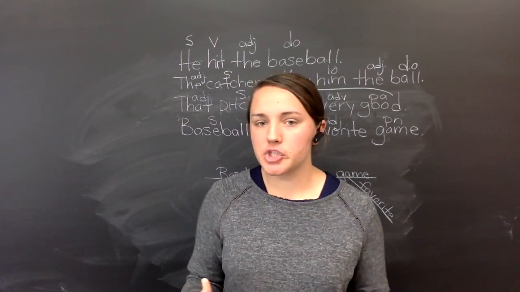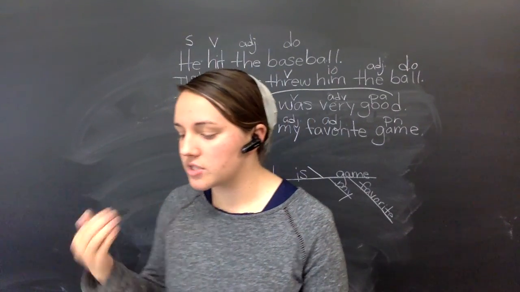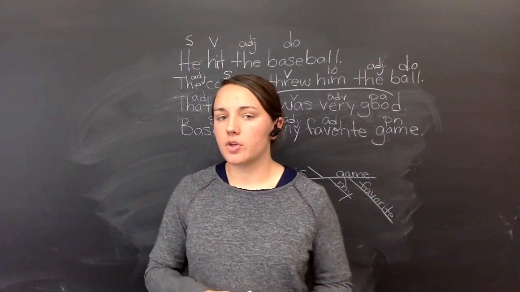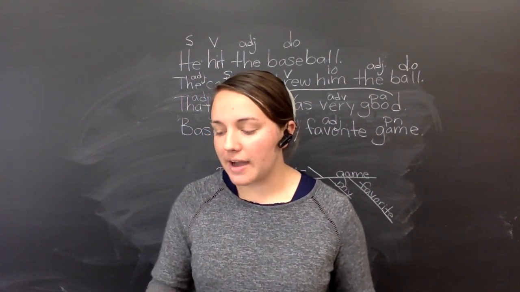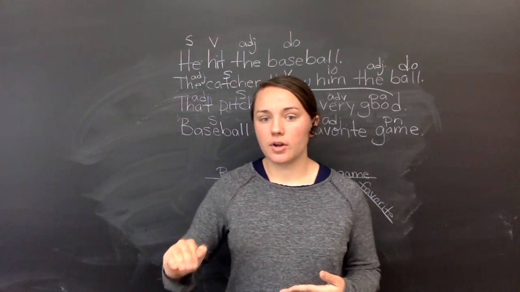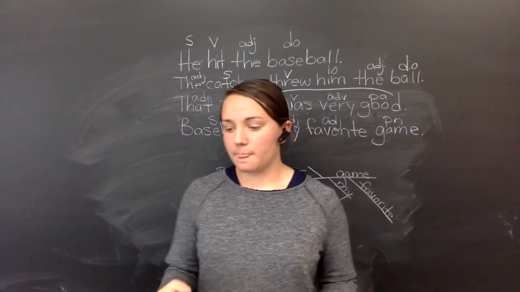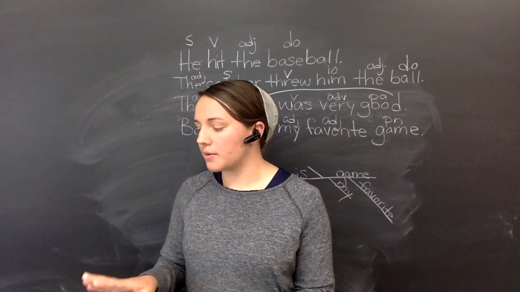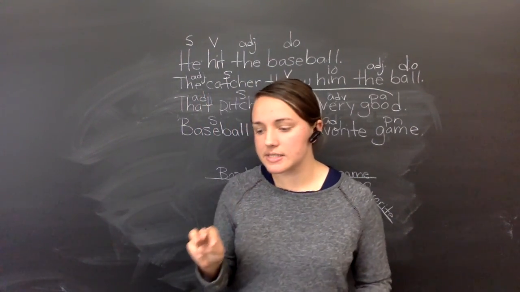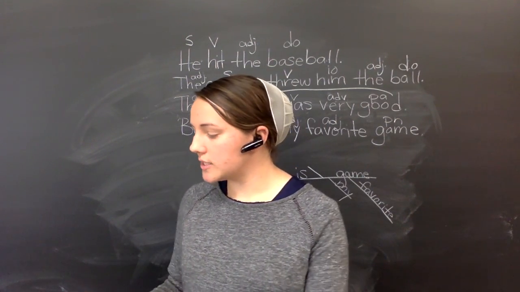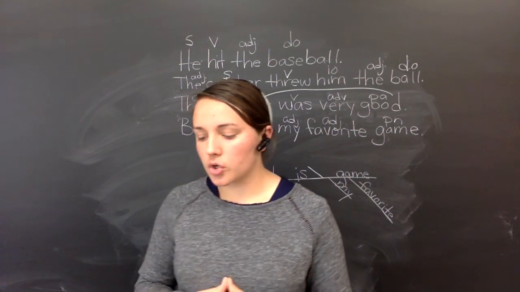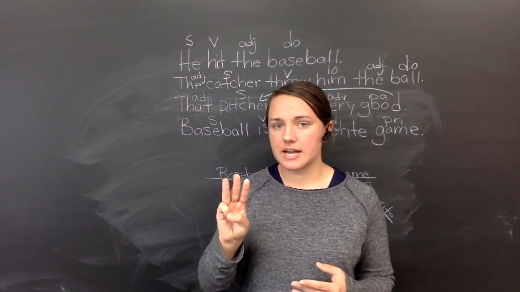So in your book on page 284, they give an example of how to diagram each kind of these words. So look there if you need a reference, and the bottom of the page gives a good run over of what we just talked about. Your assignment, in addition to what you have in your book, is to diagram 3 sentences. So turn to page 280 and circle the 3 sentences that I tell you.